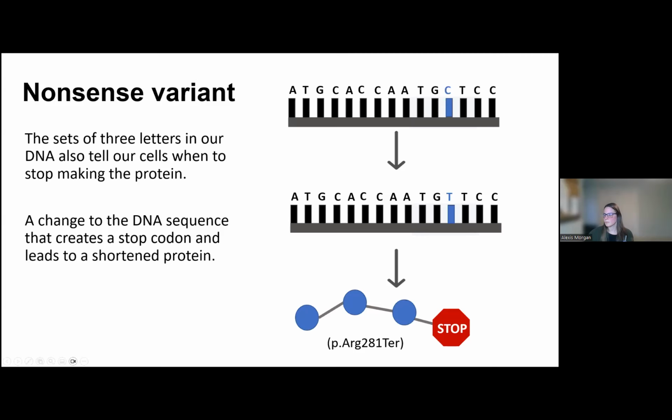So the protein is not as long or doesn't have all the coding regions as it normally has. And so that's really what's called a truncated variant, which describes what is happening to the protein itself. The type of variant is usually maybe a nonsense or a frame shift, or a type of variant that shortens the protein. So now the protein is not its normal length, and so it's unable to maybe complete its folding as it normally would.